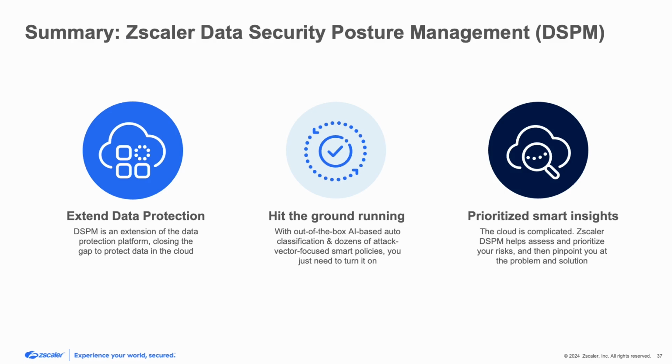We will do the automatic classification. We will run the base policies for you, and we will provide you with those smart insights, and we will share that in a way that allows your team to communicate with other teams in order to get to the resolution, track that, and use the complete set of business flows that you have inside your enterprise.